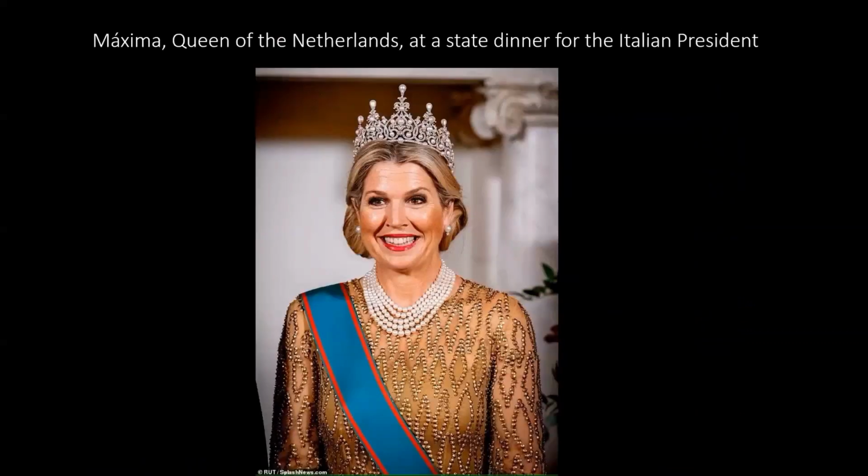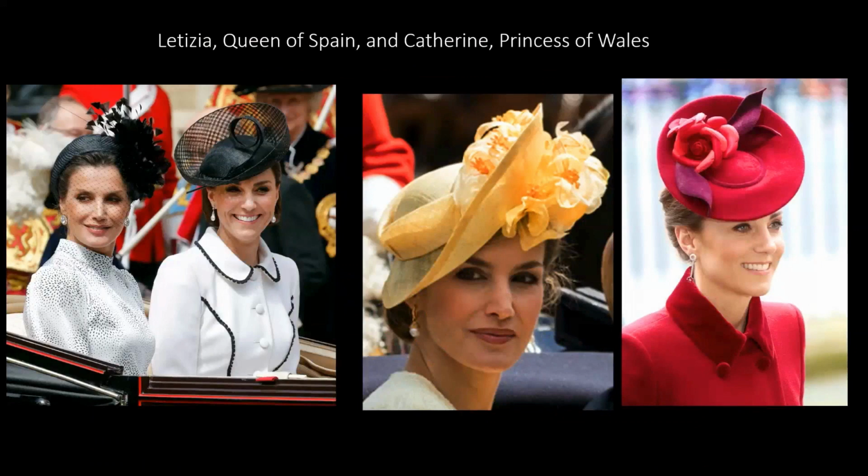This is a modern Queen Consort. She's a modern woman in all sorts of ways, but she still has to wear a tiara on state occasions. And consorts also have to wear strange hats. Again, something which is headgear unknown to the ordinary woman.